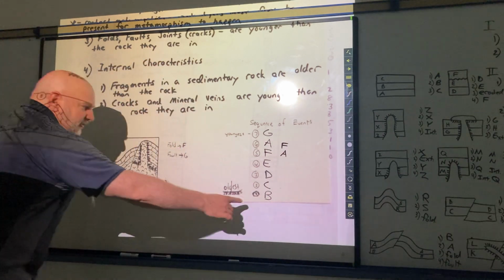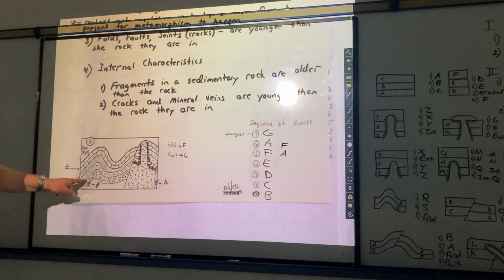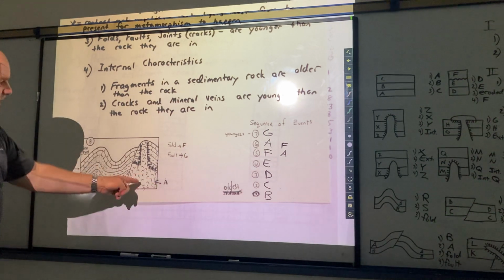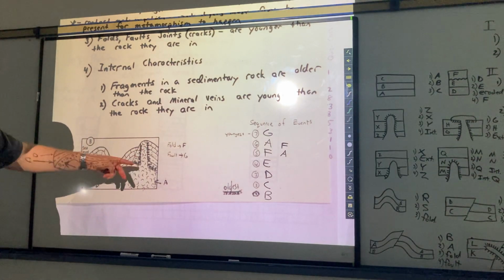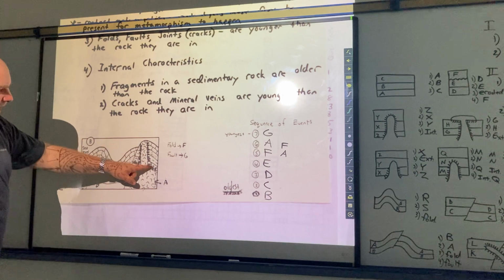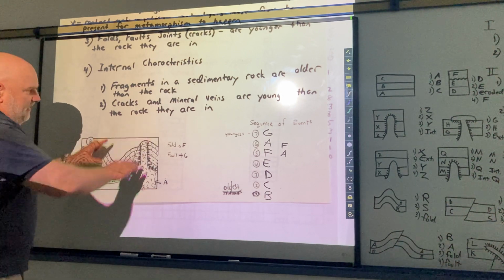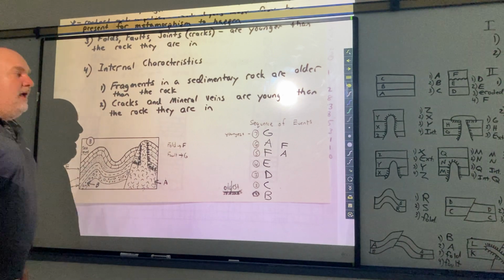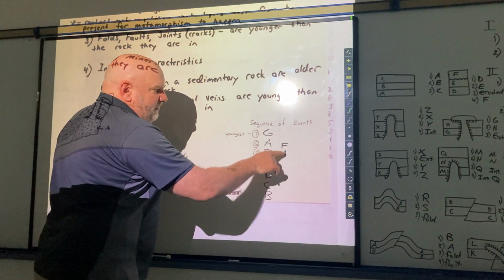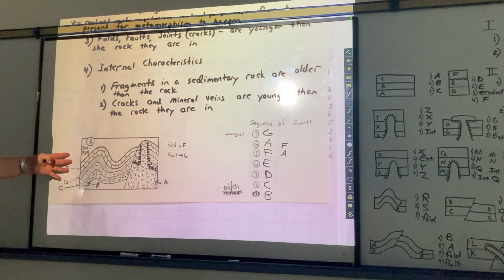So I'd probably say this order right here. So this layer, this layer, this layer, this layer, then they folded, then there was an intrusion. I know the intrusion happened after all those layers because there's contact metamorphism there. And then they faulted. I would probably say this order here, but you can make an argument for having those two flipped. So that would be a sequence of events for that one right there.